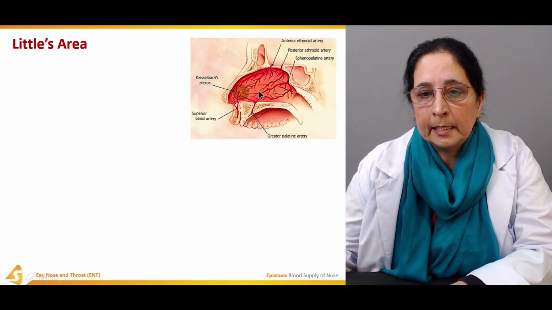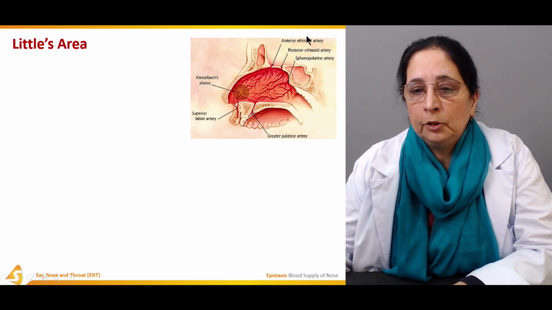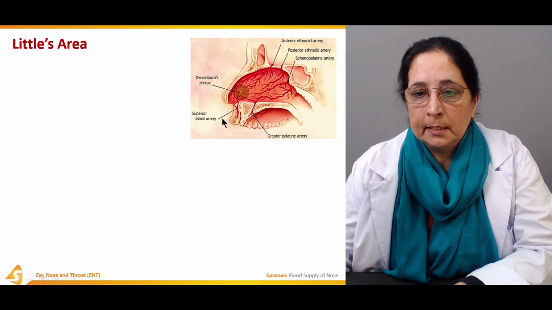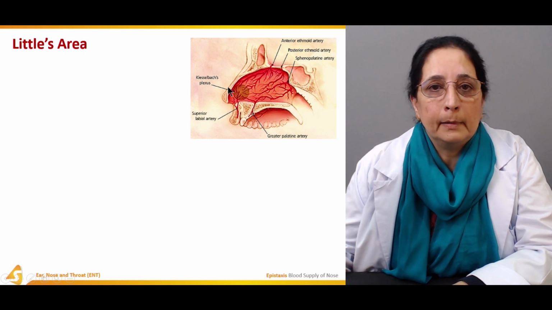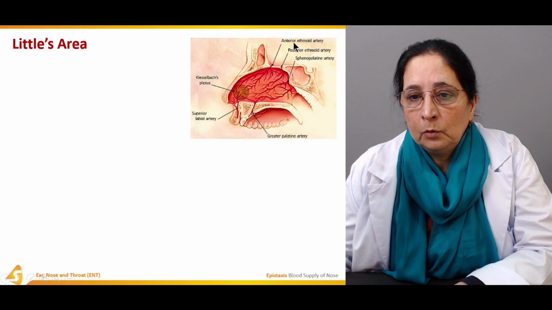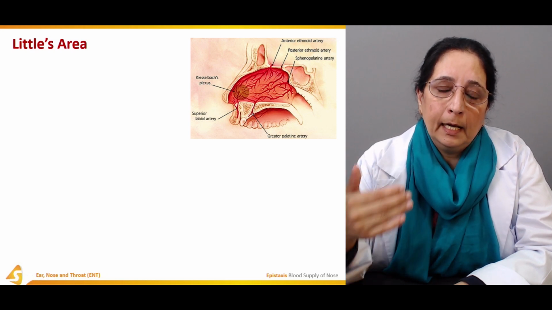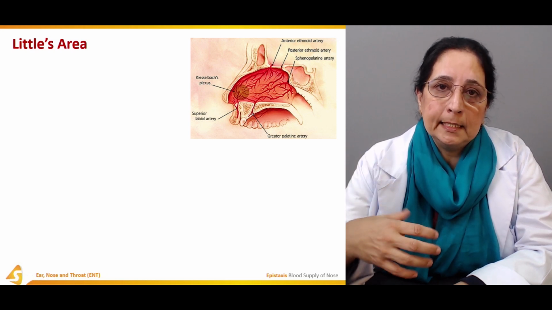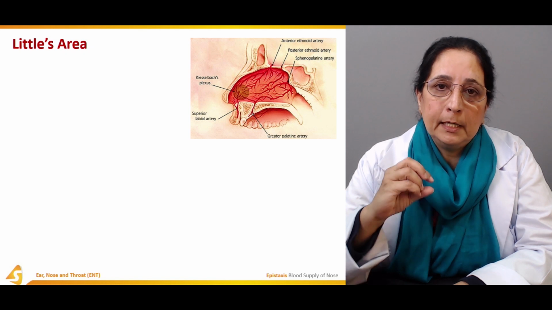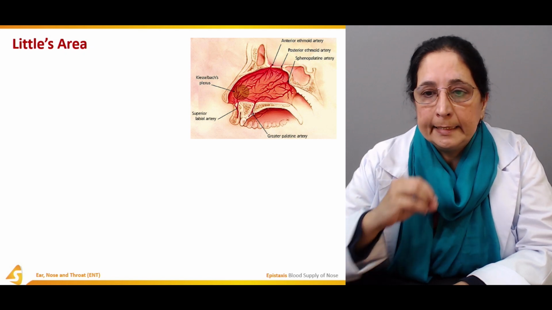Little's area, as I mentioned already, has four blood vessels that come and combine to form a plexus here, which include the anterior ethmoidal artery. Anterior ethmoid artery supplies both the lateral wall and the nasal septum, and it participates in the formation of the Little's area.